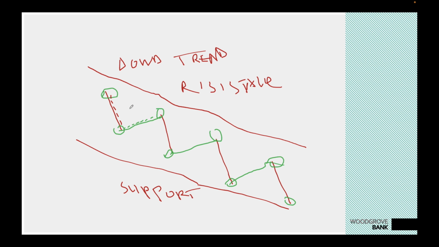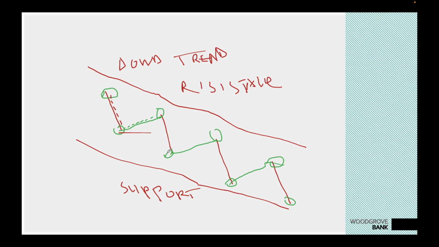If this is our previous resistance, we have a downtrend. Then if the market was able to break through the previous one and then it's down here, then the market will not be able to break this previous resistance and then move down to break this previous support, using this trend, and have a new support here.